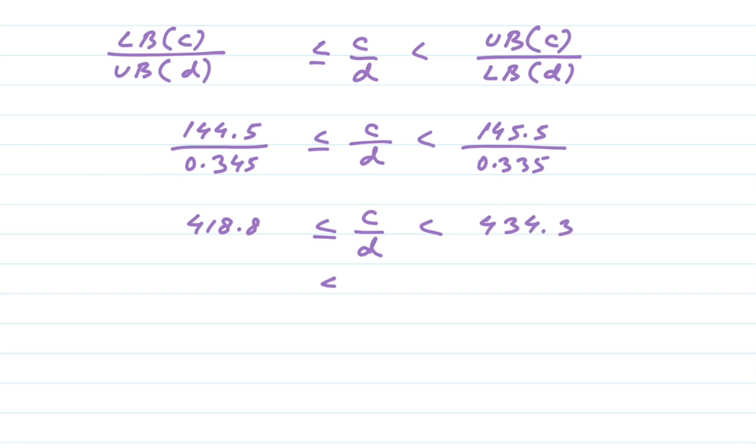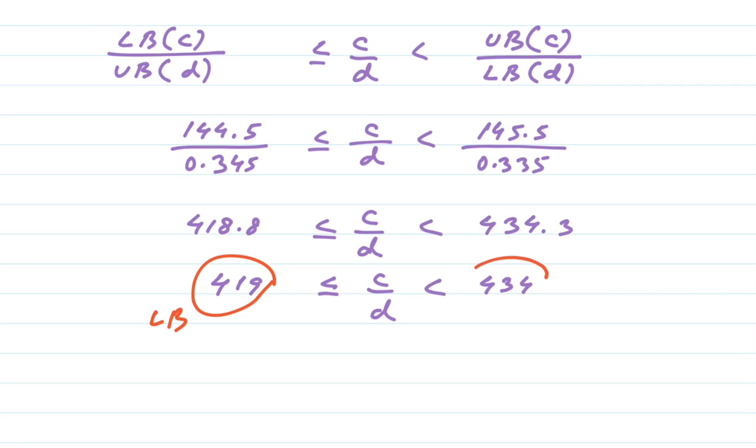And if you are writing them as three significant figures, then the lower bound will become 419 and the upper bound will be 434. So we have the lower bound and this as the upper bound of C divided by D.